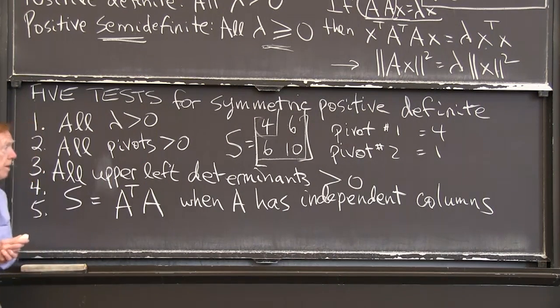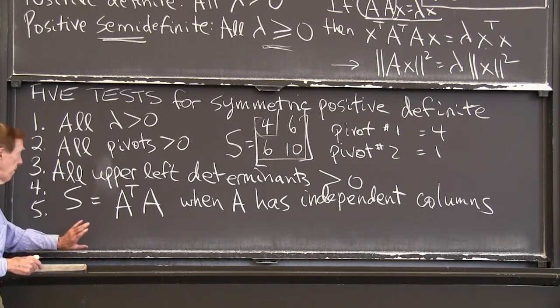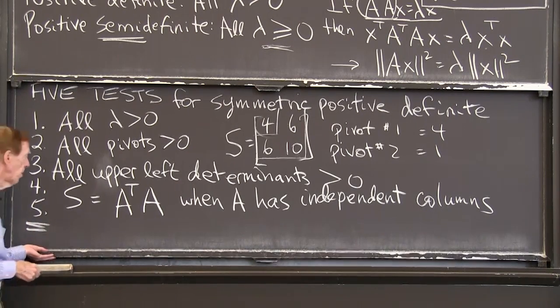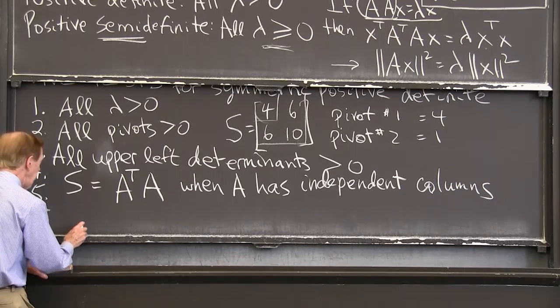And get independent columns, and it would pass test 4. I want to go on to test 5, which is really, in a way, the best definition of positive definite. So if I took number 5, it's the energy definition.